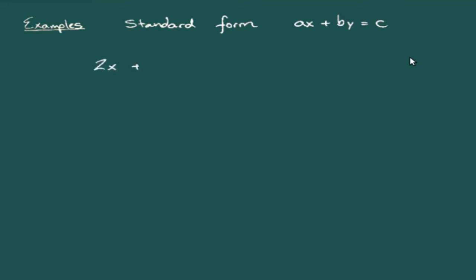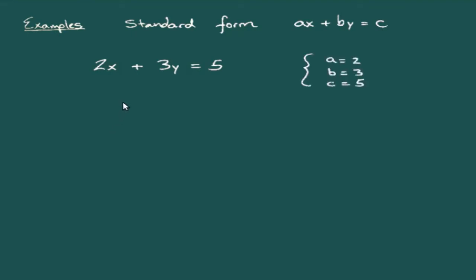One example that we have is 2x plus 3y is equal to 5. When we say it is a form, one thing we begin to identify is, what were the numbers a, b, and c in this particular case?